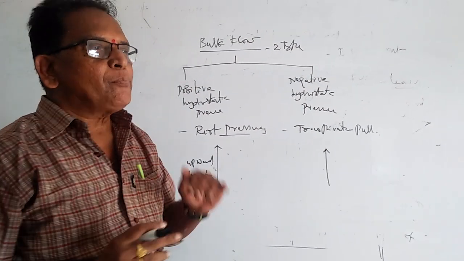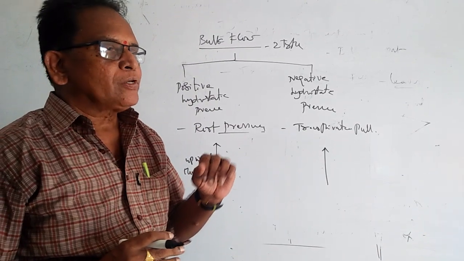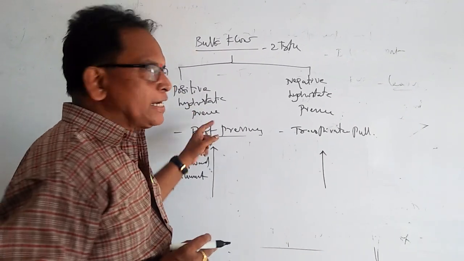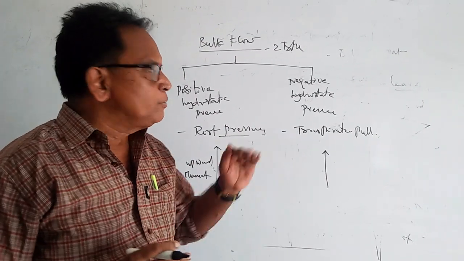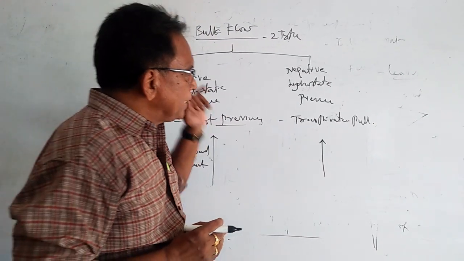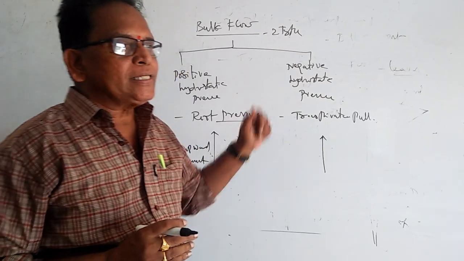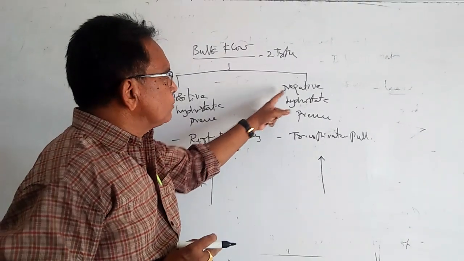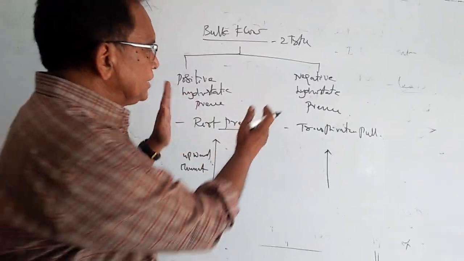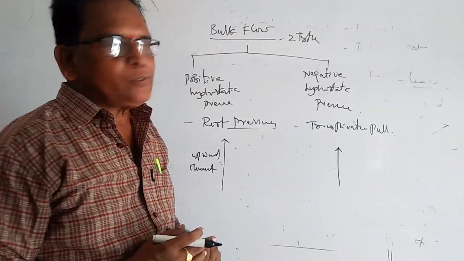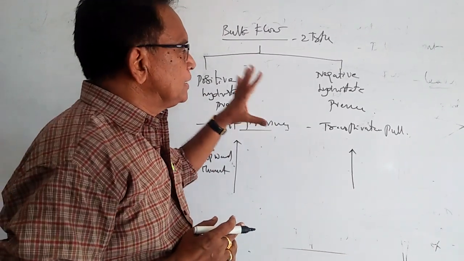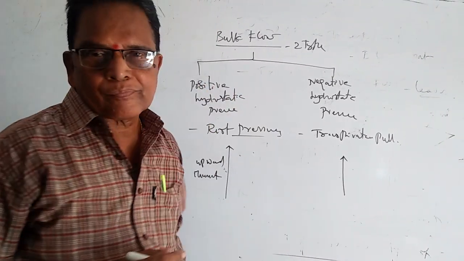So the upward movement of water with the help of root pressure is called positive hydrostatic pressure, and the upward movement of water by the transpiration pull that is created due to transpiration is known as negative hydrostatic pressure. These two pressures are mainly responsible for the bulk flow of materials inside the plant body.